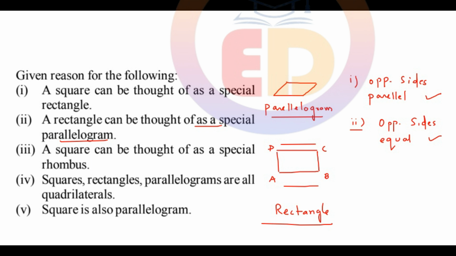So we can say that a rectangle is a special parallelogram. In fact, children, remember, a rectangle, a square and a rhombus, they all follow the property of a parallelogram. So they all are special parallelograms.